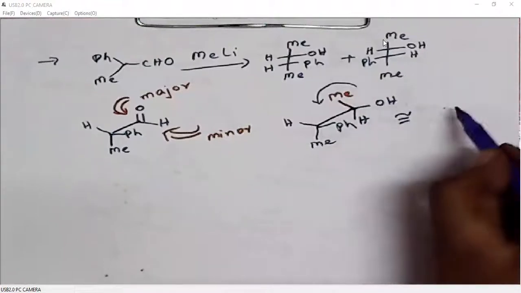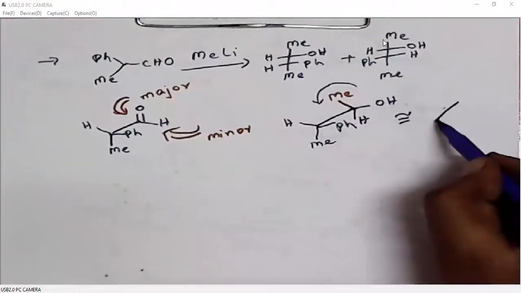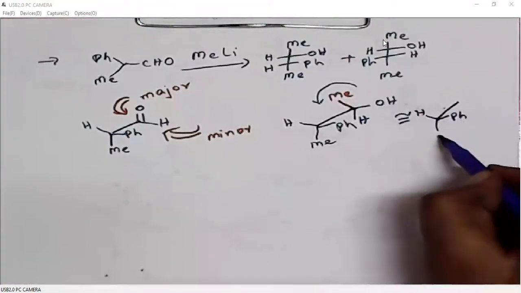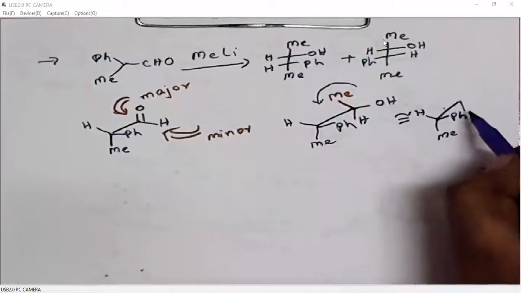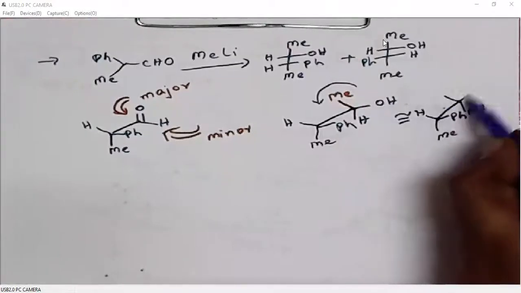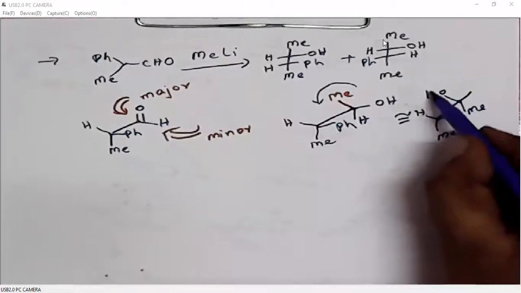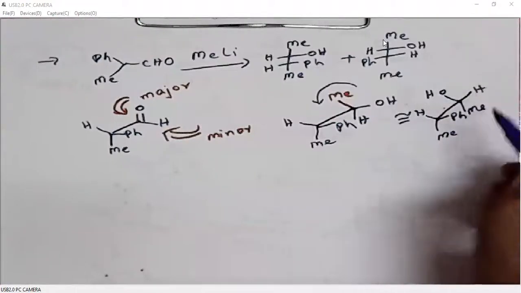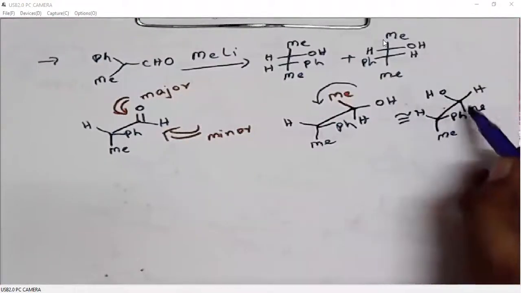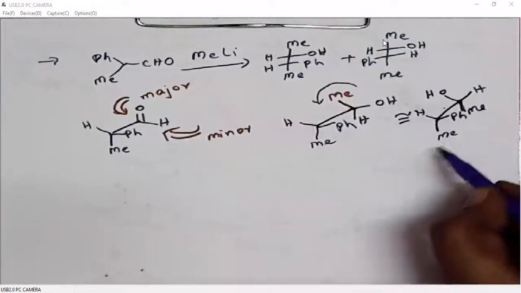So I'll rewrite it. When we do a 60 degree rotation in a counterclockwise direction, then the Sawhorse projection becomes eclipsed. Eclipsed means this bond and this bond both must be in the same plane. Then it is called eclipsed.